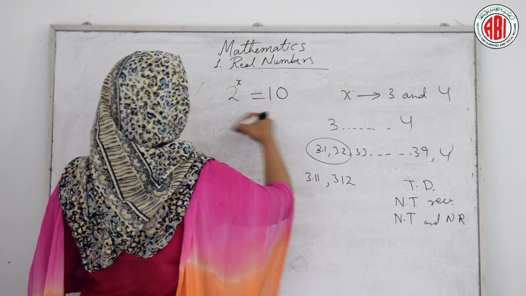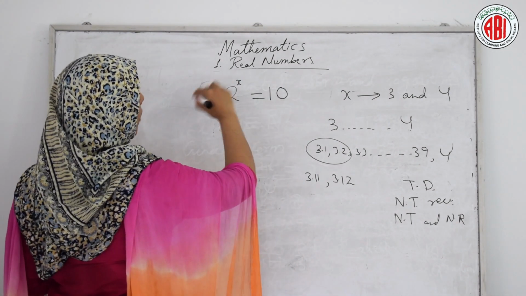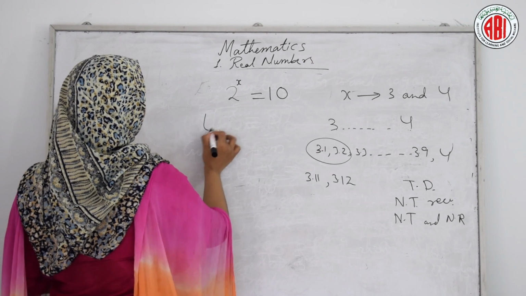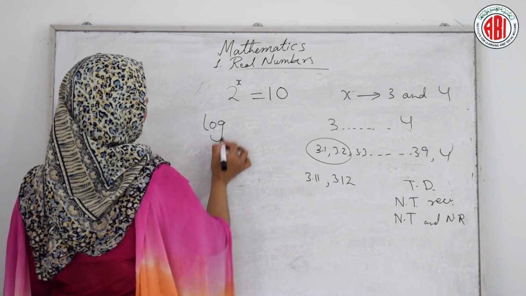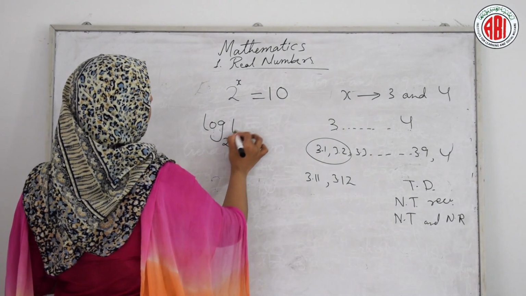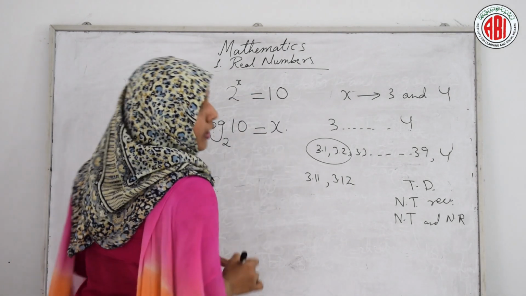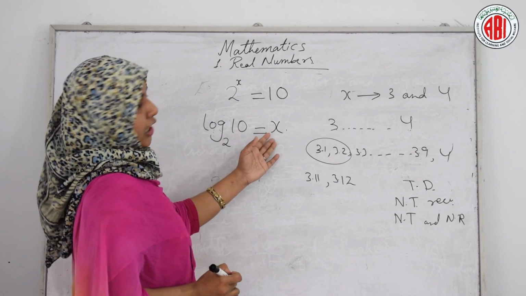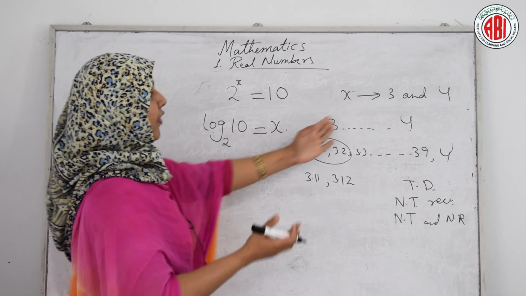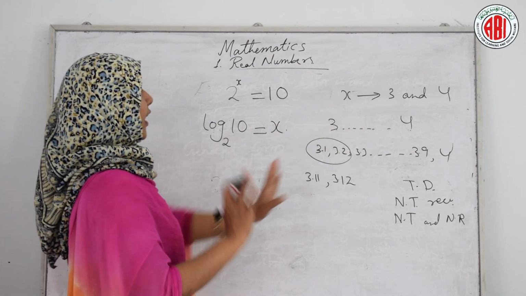If you write this in the logarithm form, how to write? Log base 2 of 10 equals x. So we are not getting the exact value. It lies somewhere between 3 and 4 only, that we have understood.